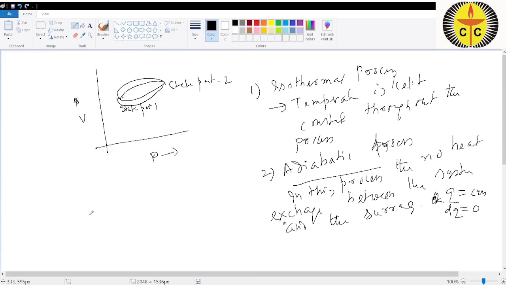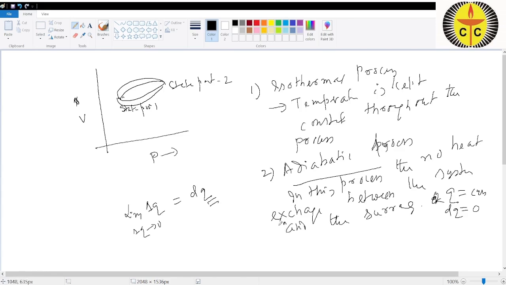What is dq? dq means change in heat, the limit delta q tends to 0 is written as dq, very, very small. The net change in the heat is 0.